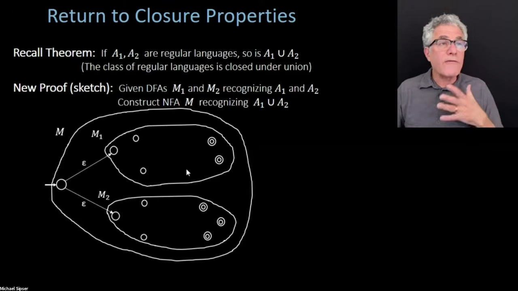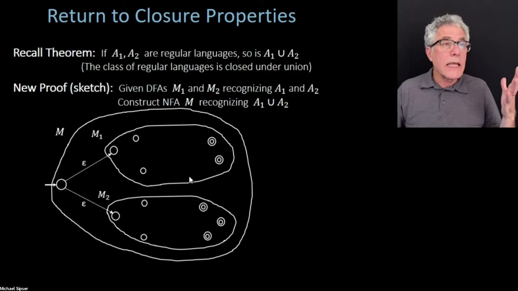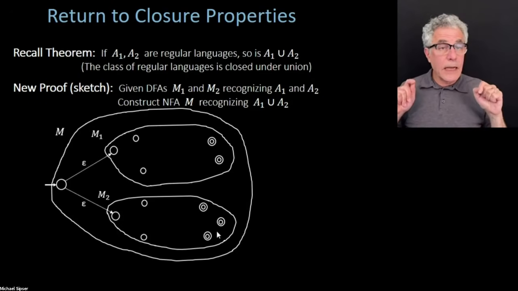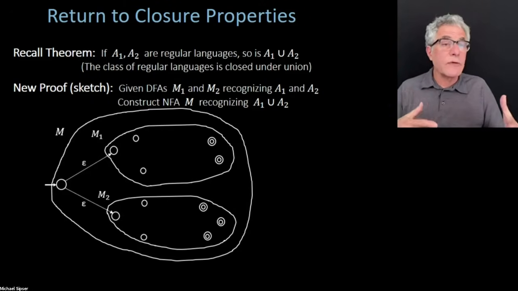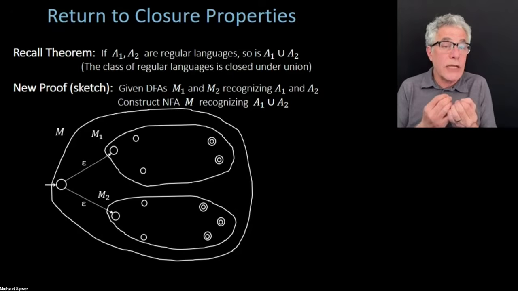So M is going to have those combined into one package. And now if, at the end of the input, either of these ends up at an accepting state, then M is going to accept as a non-deterministic finite automaton, because that's how non-determinism works. You accept if any one of the branches ended up accepting, which is just what you need for union.